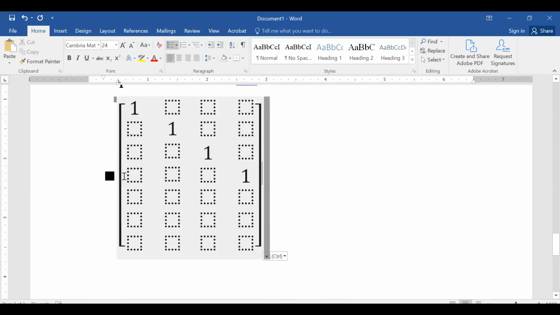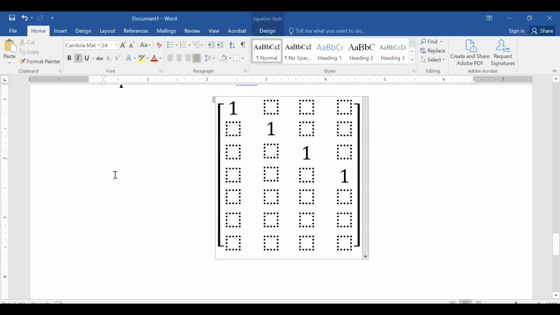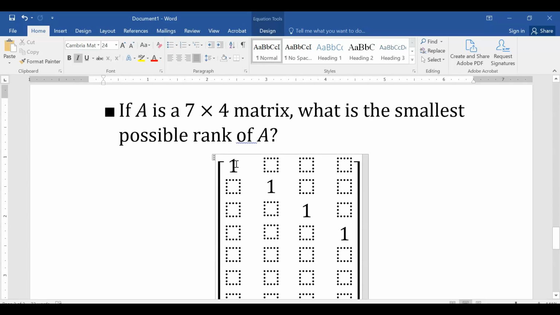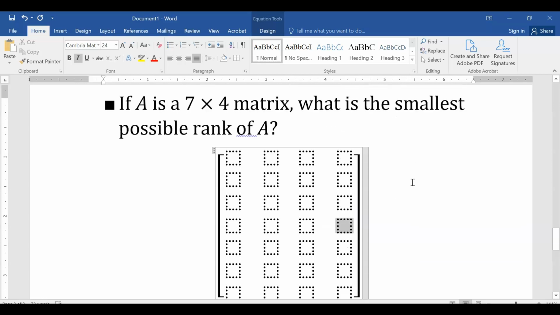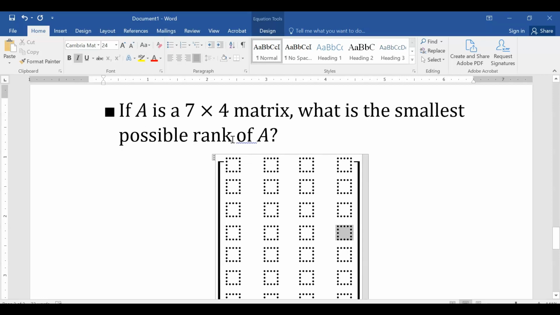There is a possibility that I go to the 7 by 4 matrix and each column is just the all zeros column, and therefore when we row reduce, we don't get any pivot positions. So the smallest possible rank of A is 0.